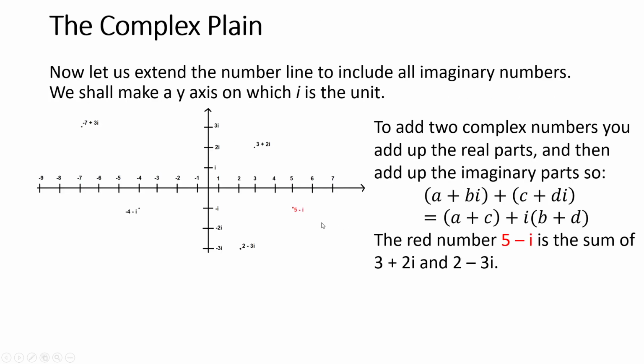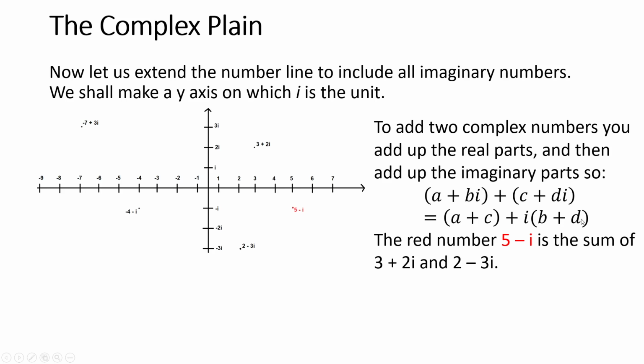Okay, so here we may see adding complex numbers. It's the complex plane, and what is quite interesting, adding complex numbers is like adding vectors, and we add just the real part to the real part, and the imaginary part to the other imaginary part.